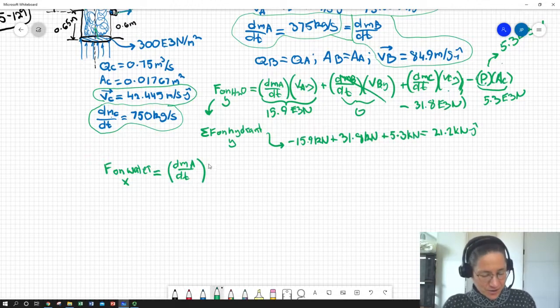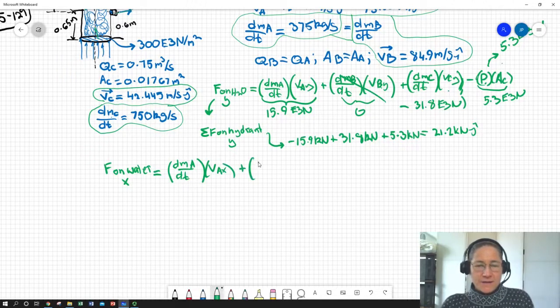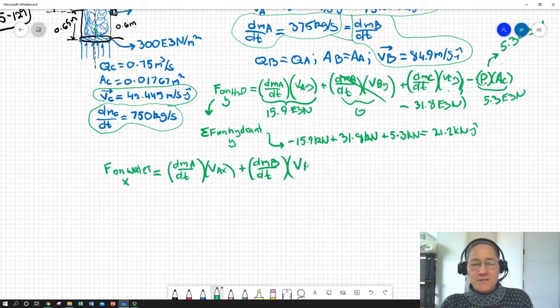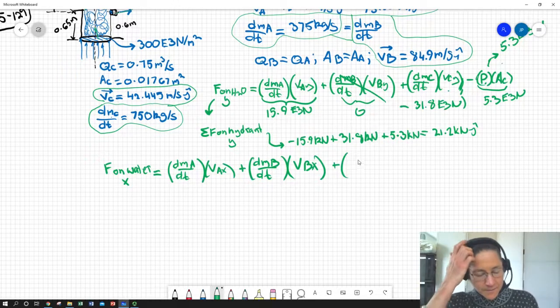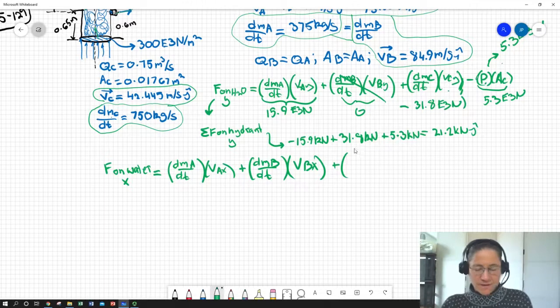So we have VAX plus what's going on, our change in momentum is a good way of saying what this product is, VBX plus, in this case, we could say the same thing with C, but we know that there is no X component.